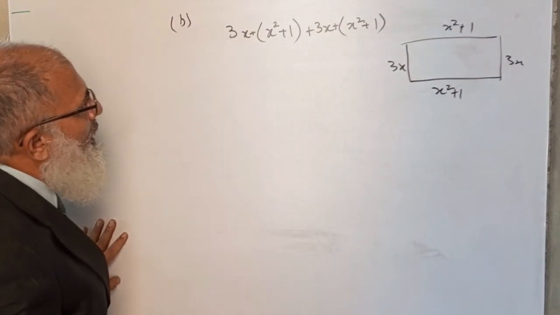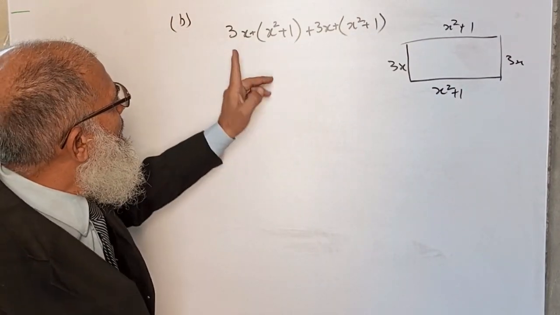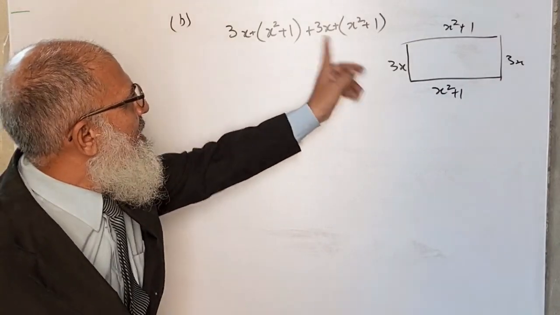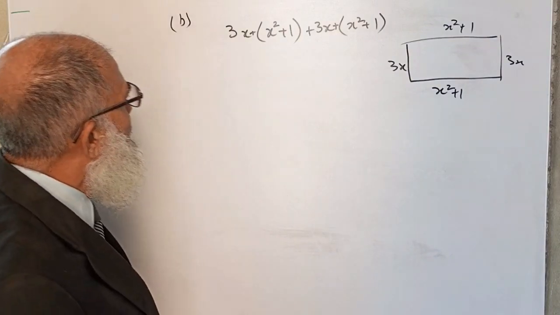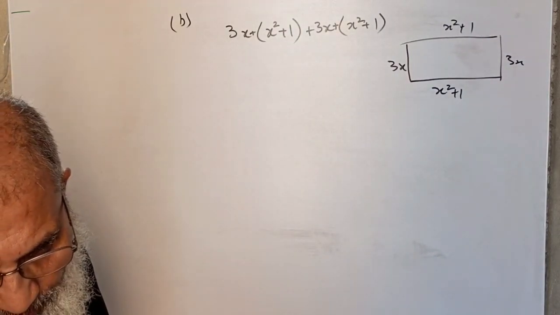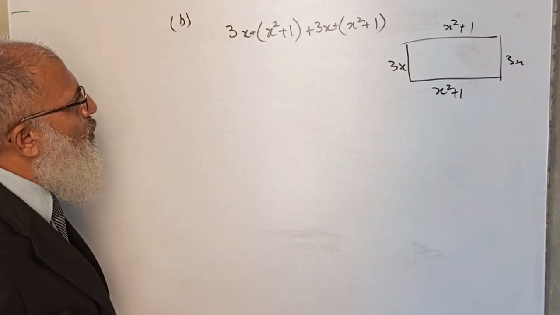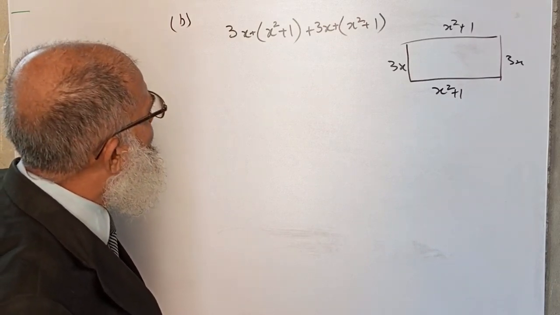So you see that all are added, 3x and 3x, x square plus 1 and x square plus 1. What we have to do is add the four lengths together and write it in its simpler form.